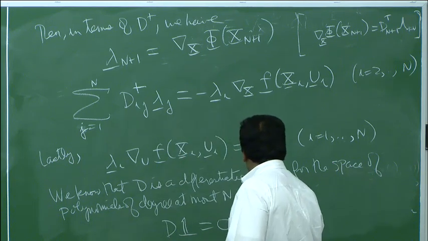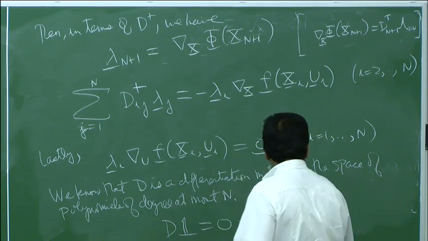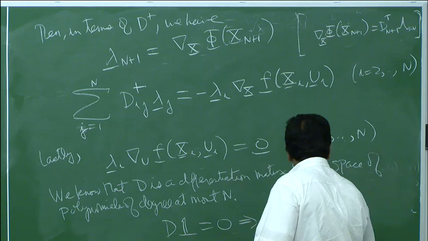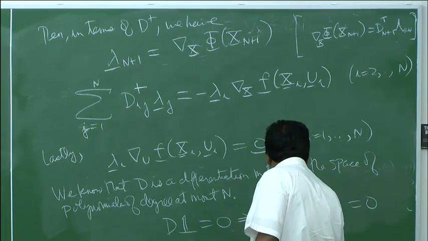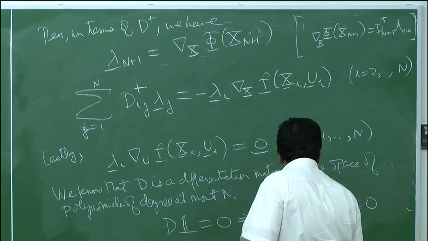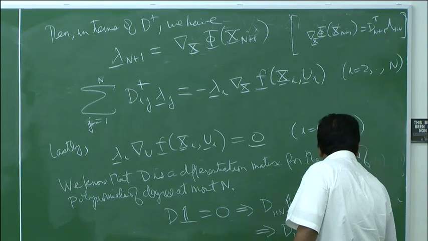But what that tells me is that D_{1 through n} times 1 plus D_{n+1} has to equal 0, which tells me that D_{n+1} has to equal minus D_{1 through n} times 1.